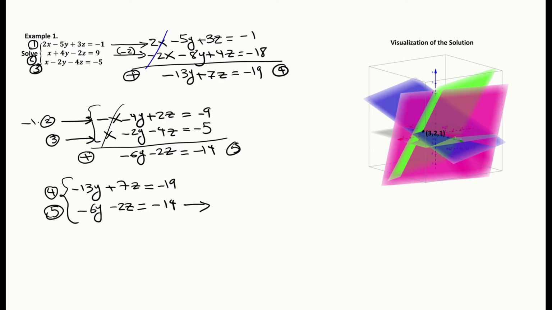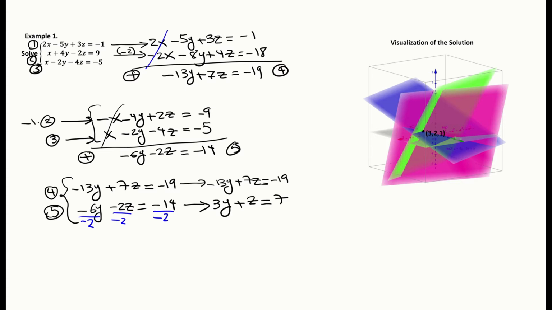So we're going to divide each of these terms here by negative 2, and we end up with 3y plus z equals 7. Now this one we can just leave as is. We have negative 13y plus 7z equals negative 19.